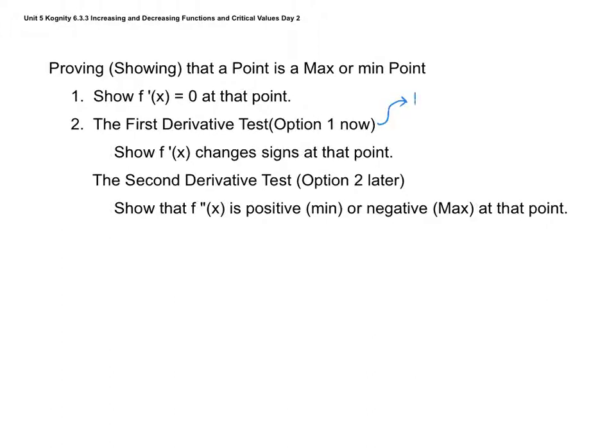If f prime of x changes from positive to negative at x equals c, then there is, what?